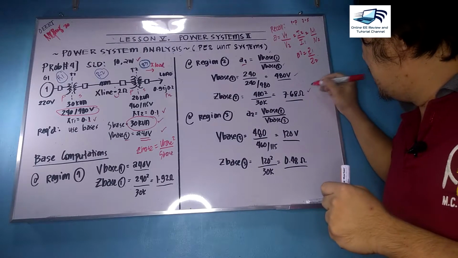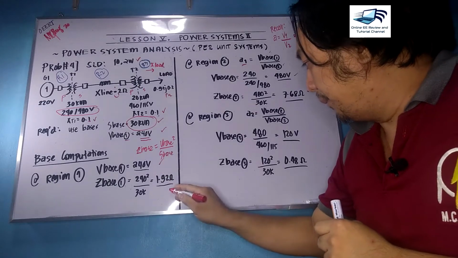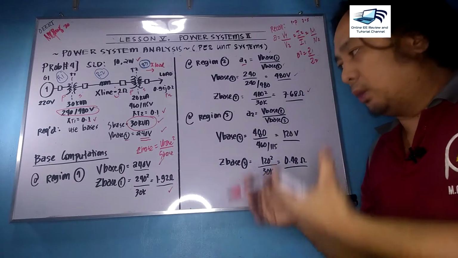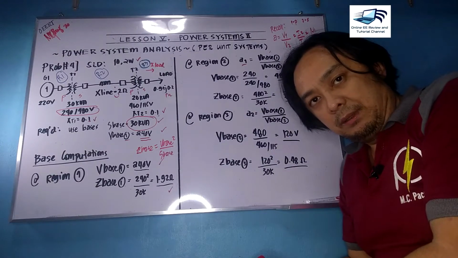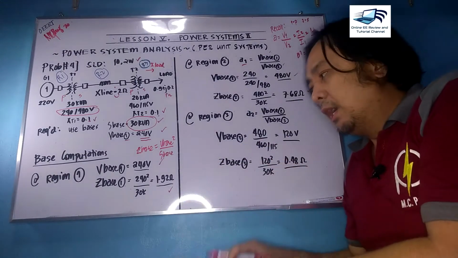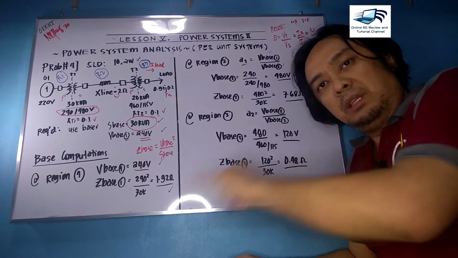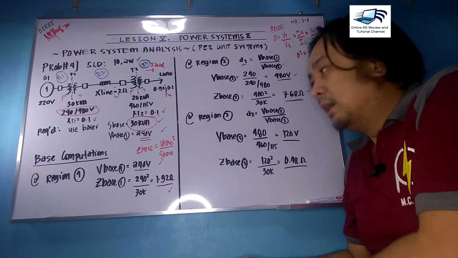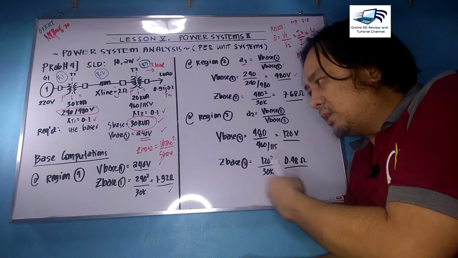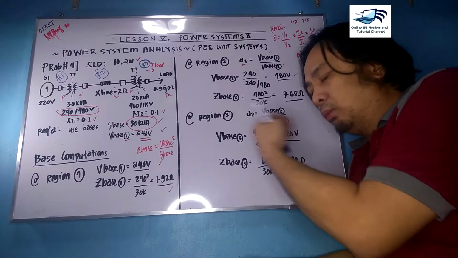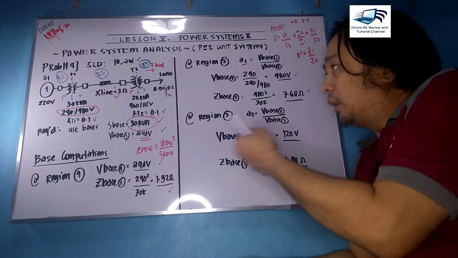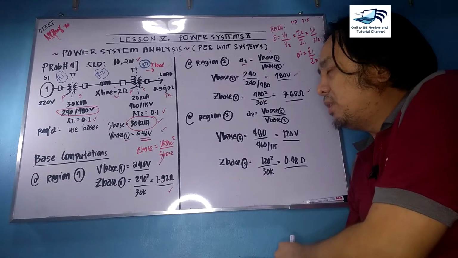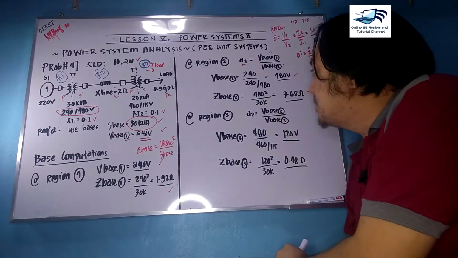So you already have these two important parameters in building your per unit equivalent circuit, which are V base and Z base. If you're building a circuit, you see on the circuit the voltages and the impedances. The currents, I base, we will come back to that later if needed to solve the currents in every region of the system, or in a certain region of a system.